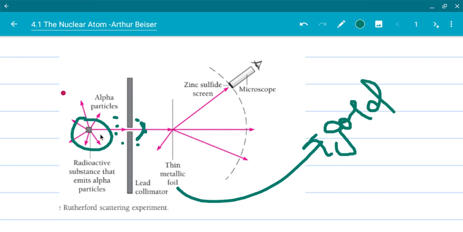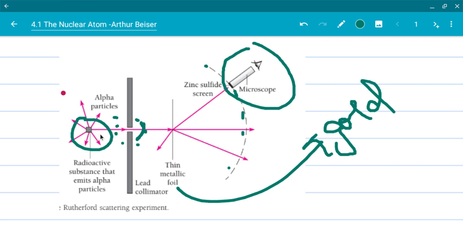After that, there was a zinc sulfide screen placed at one end with a traveling microscope to observe the pattern of alpha particles. The thin metallic foil could have been of any other element as well, but gold was specifically chosen because it was a heavy element and it was supposed to give the results that they were desiring.